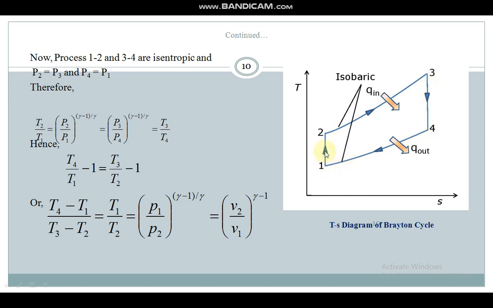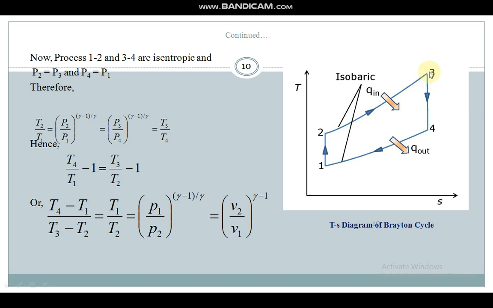So between 1 to 2, as these are isentropic processes, T2 by T1 equals P2 by P1 whole to the power gamma minus 1 by gamma. Now P2 is equal to P3 and P1 is equal to P4. So that is P3 by P4 whole to the power gamma minus 1 by gamma.